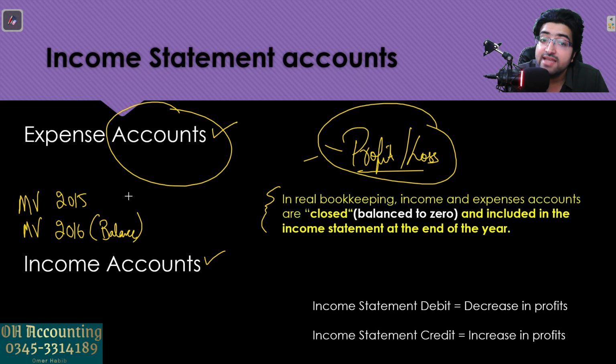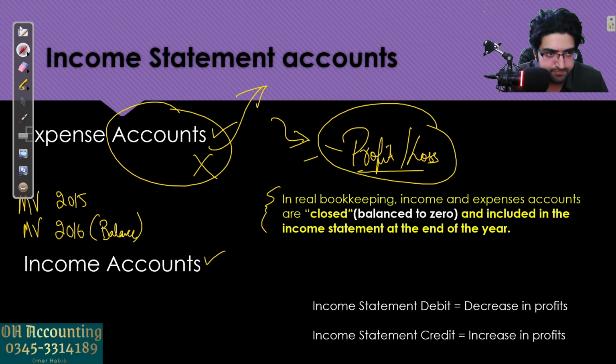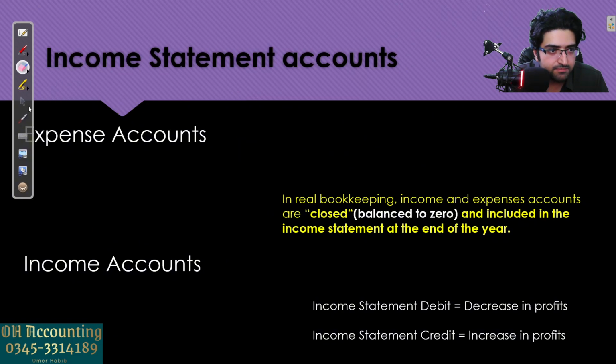Its balance is carried forward, but expense and income accounts are closed because we have recorded the amount in the income statement and we have calculated the profit and loss of the year. So their work is done. They are no longer a part of our business. That's the theory behind closing the accounts of expenses and income while carrying the balance down for accounts of assets, liabilities and capital. Okay, moving on to the example.